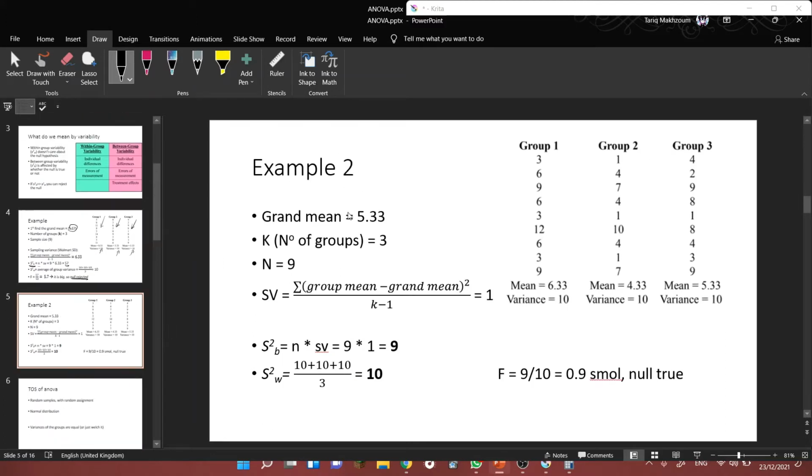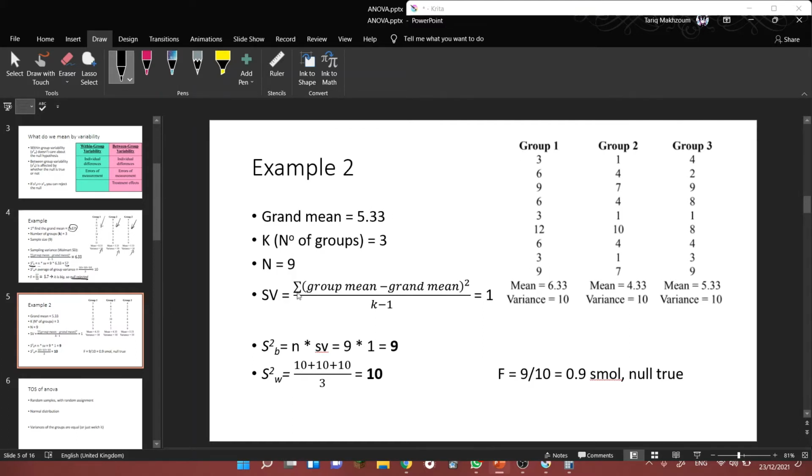Now with the second example over here, once again, our first step is to calculate the grand mean between these groups. And so the grand mean here is 5.33. And then our number of groups, which is k, is going to be 3 again. We have 3 groups. And our sample size for each of the groups is 9.